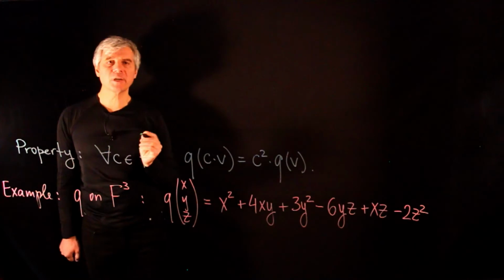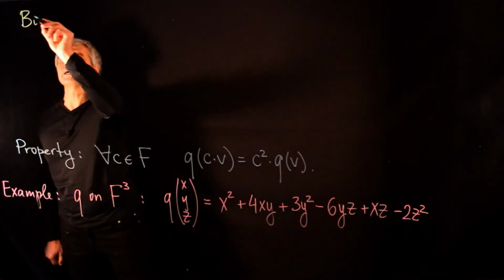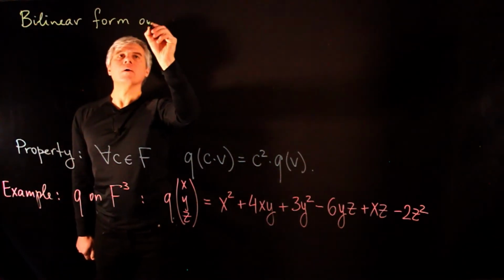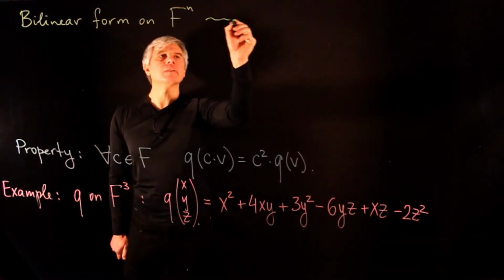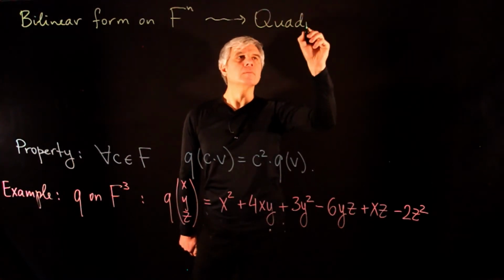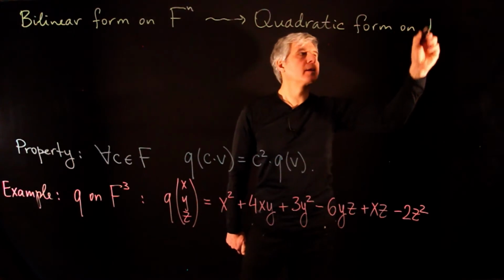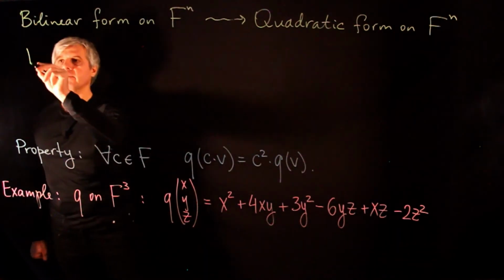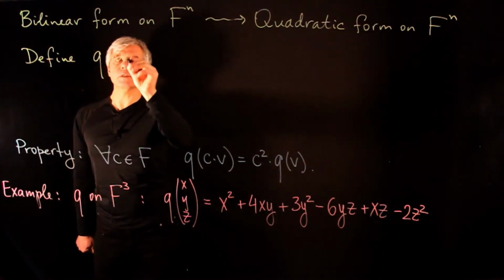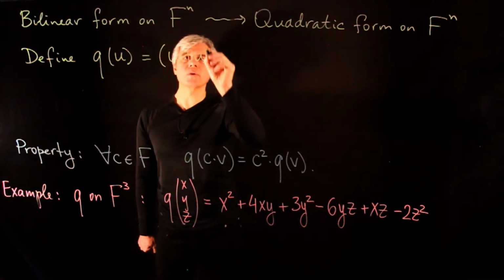Let us point out a connection between bilinear and quadratic forms. So if we have a bilinear form on Fn, then this gives us a quadratic form on Fn. We define Q evaluated on a vector u as the bilinear form of u with u.